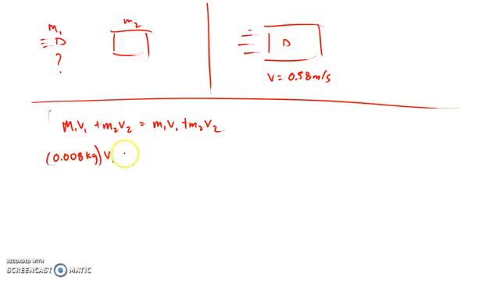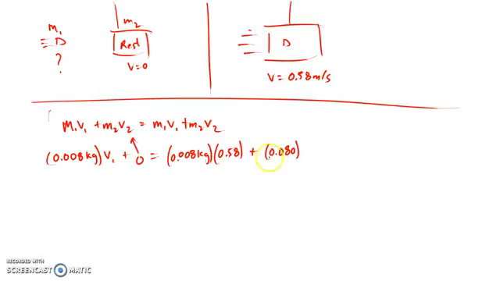We don't know what the speed of the bullet is, but the block is at rest to begin with. So my speed is 0. I don't have to worry about that. Now after they collide, they're moving together with the speed that we found. So this is the mass of the bullet, and it has that speed. And the mass of the block, also divide by 1,000.